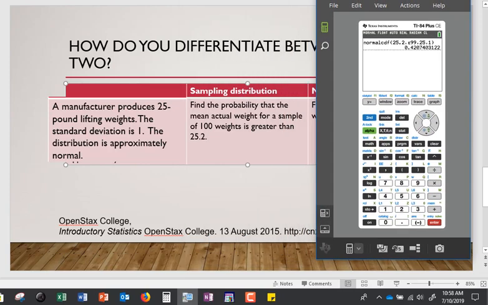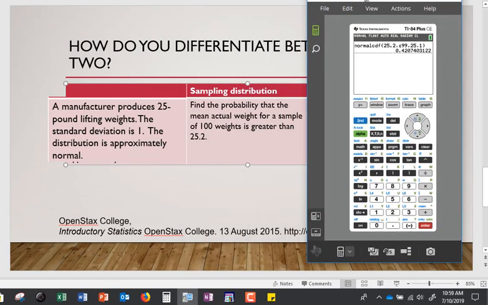So with our sampling distribution problem, you went to the population, you pulled out 100 weights, you calculated the mean for the 100 weights. Now for that sample, what's the probability that the sample has a mean of greater than 25.2? So everything is the exact same except for that very last term.